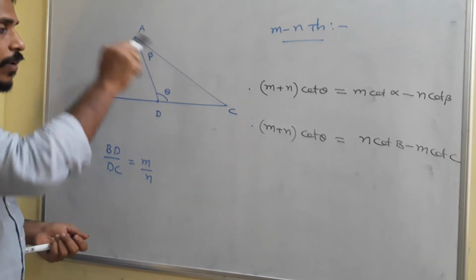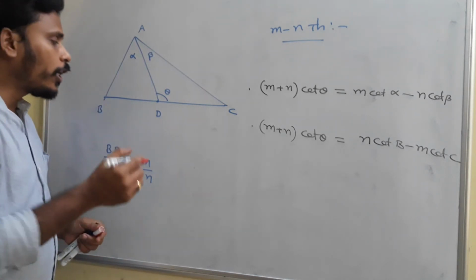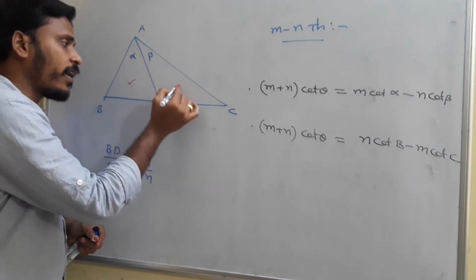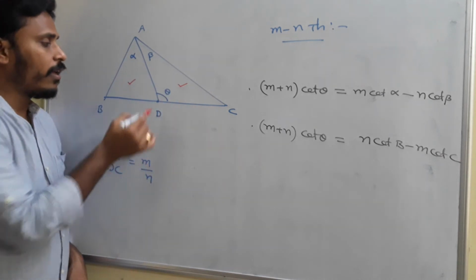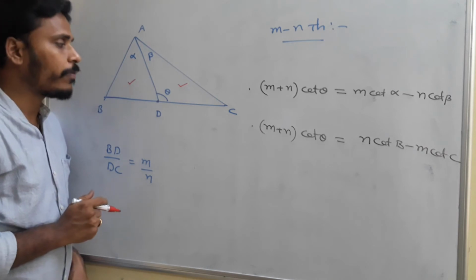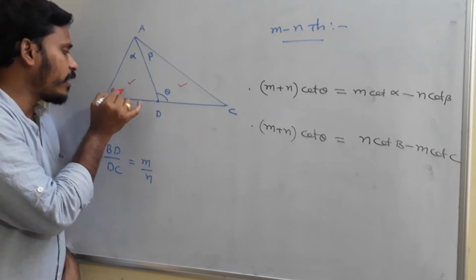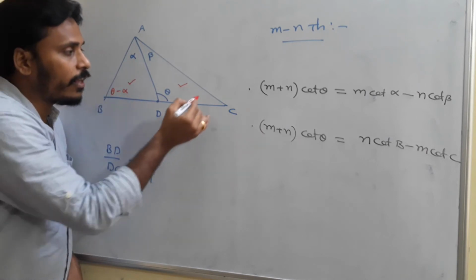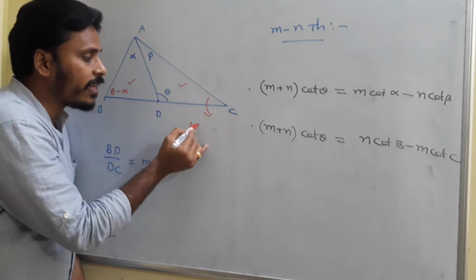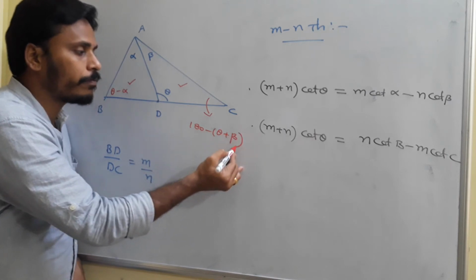Okay, then from this given information, we need to apply the sine rule for the first triangle and the sine rule for the second triangle with AD as one common side. Okay, in applying the sine rule, you just locate this angle as theta minus alpha, and then you identify this angle as 180 minus of theta plus beta.